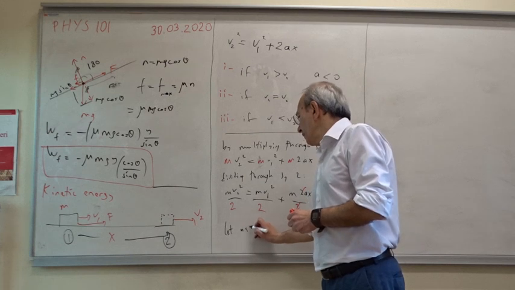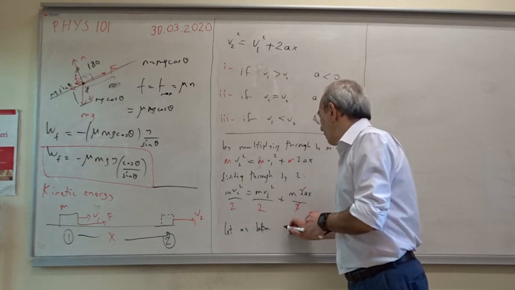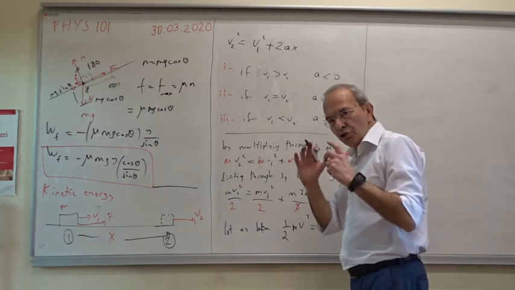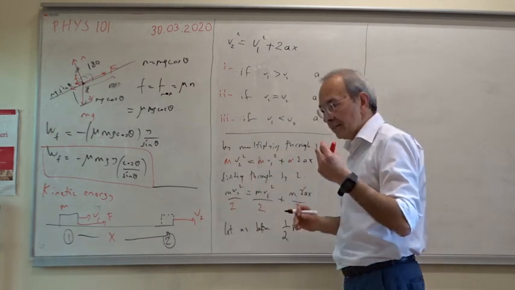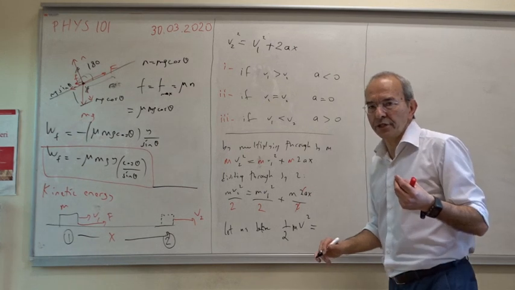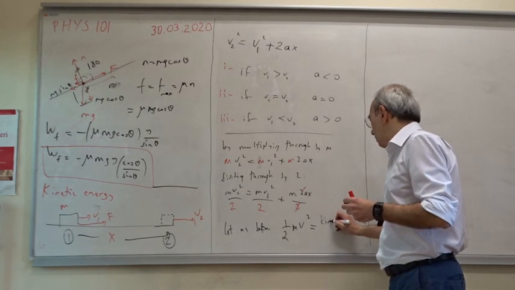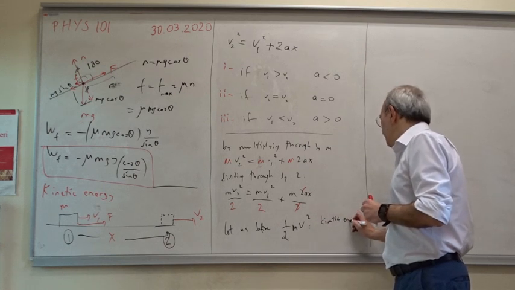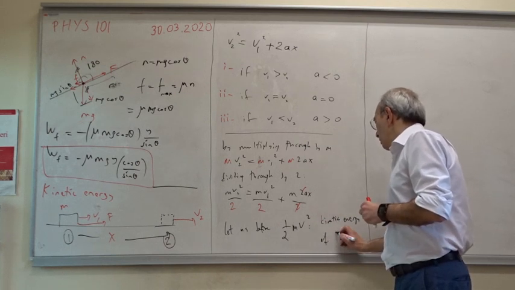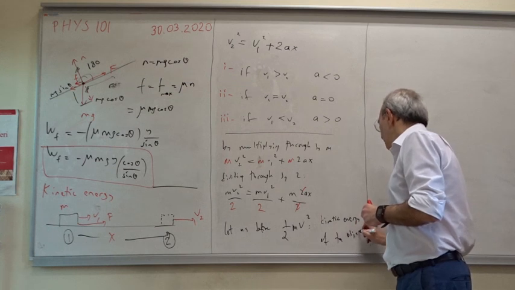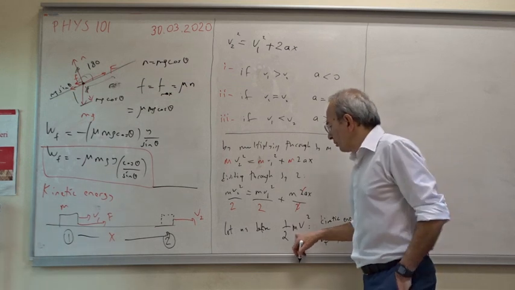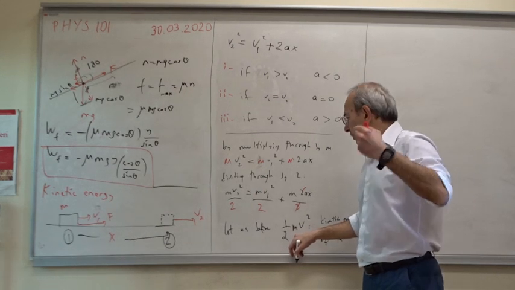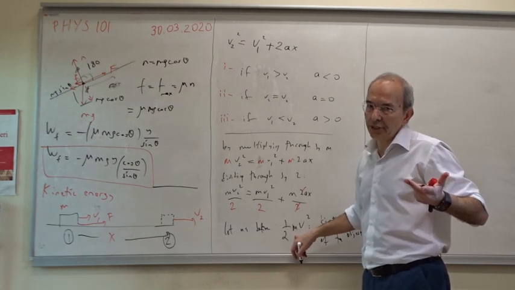Let us define one half mass times velocity squared, this product, as a single term. It is the kinetic energy of the object. So it depends on the mass of the object. The greater the mass, the heavier the object, the greater will be the kinetic energy, obviously.